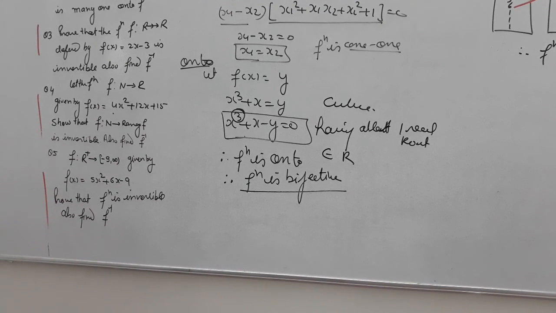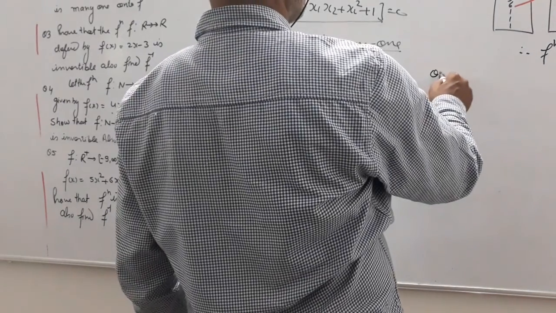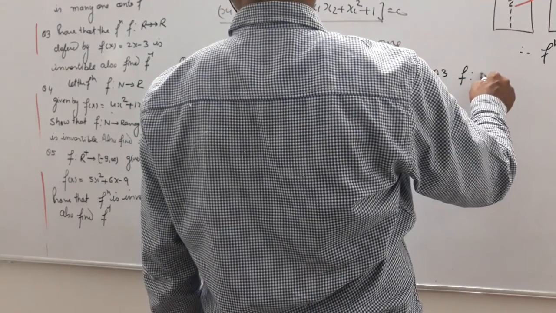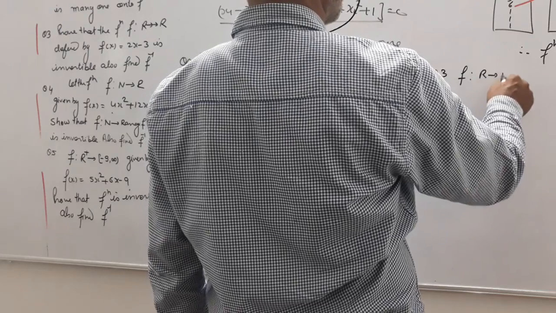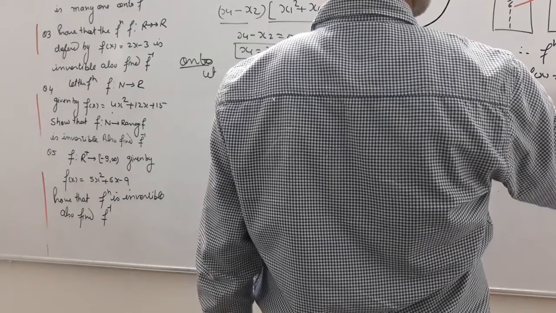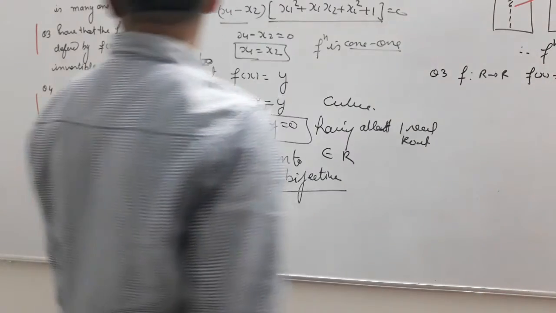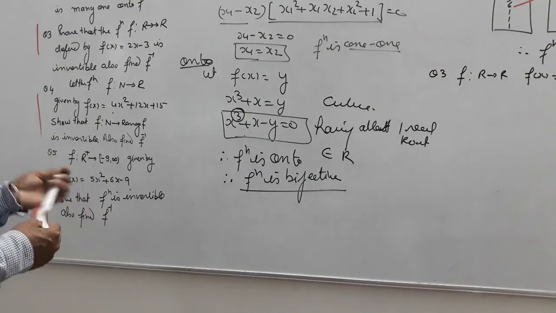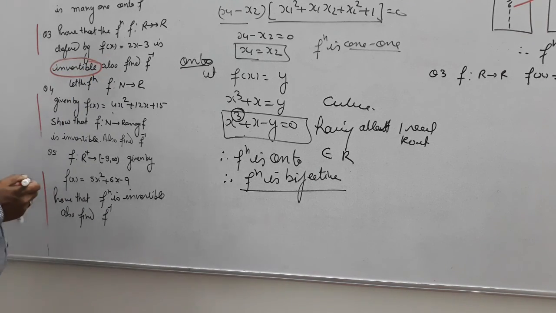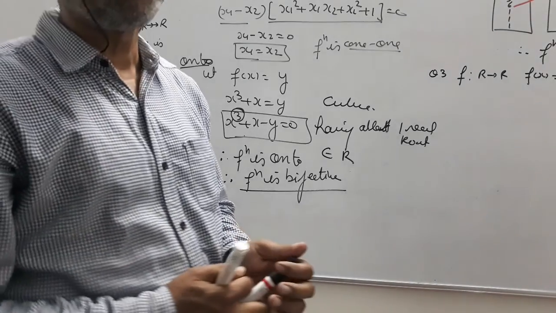Now we start with question number 3. Prove that the function f from R to R, real number to real number, defined by f(x) equals 2x minus 3 is invertible. Invertible means the function is bijective.